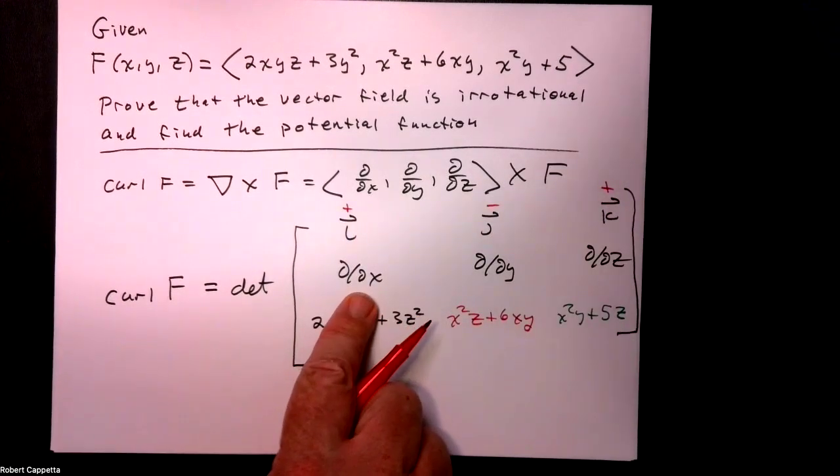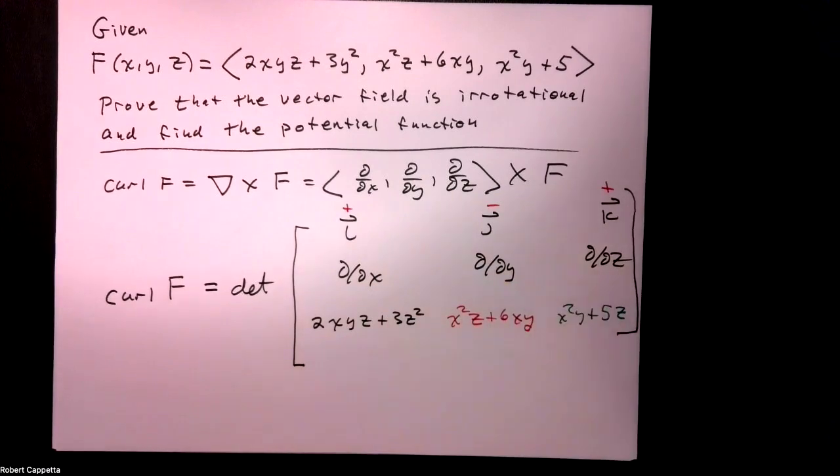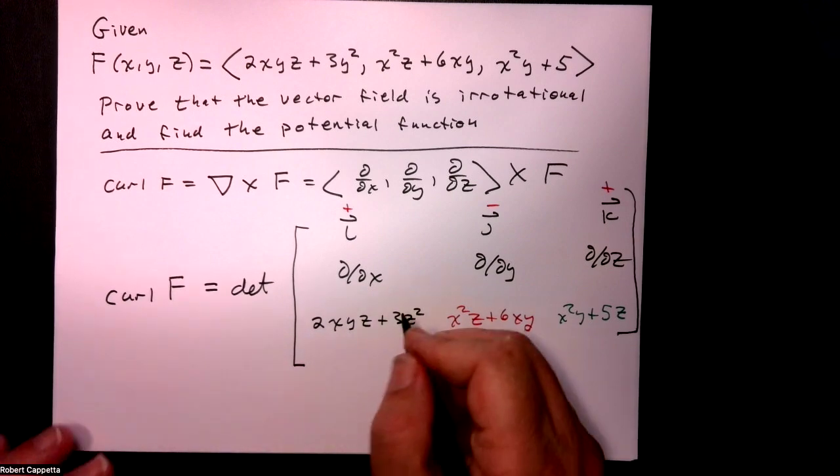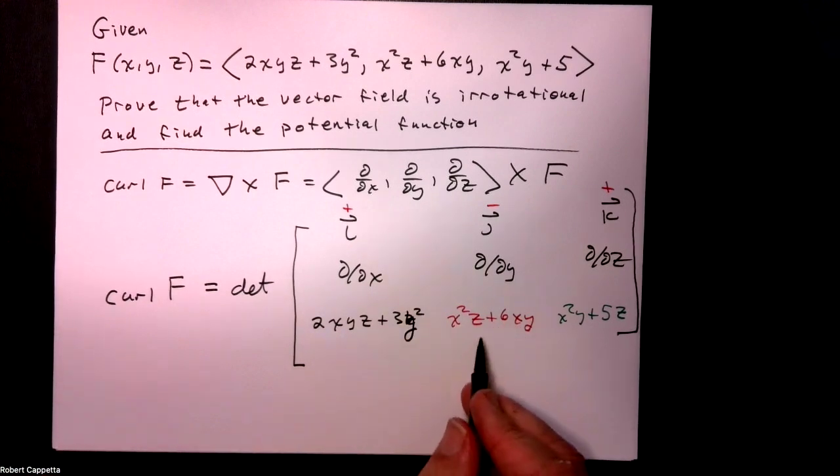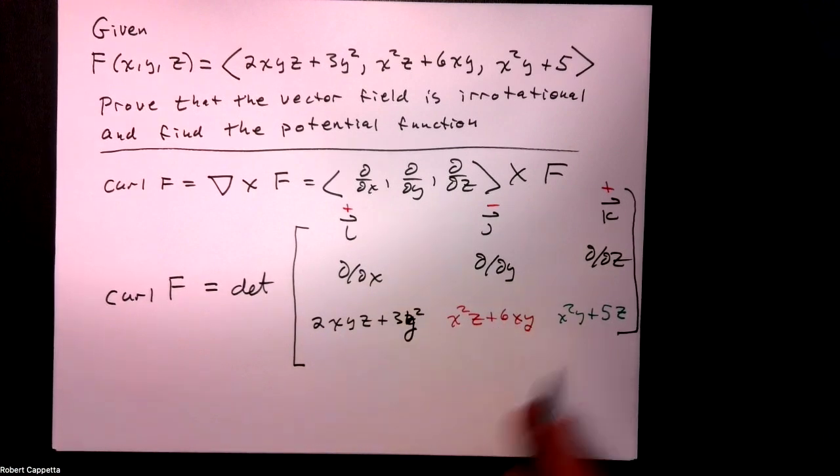Second row, partial with respect to x, partial with respect to y, partial with respect to z. And then we have our equations here. It's 2xyz plus 3y squared, x squared z plus 6xy, x squared y plus 5z. So now let's go ahead and do the computation.